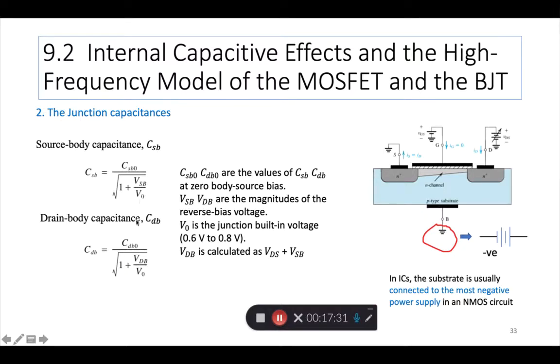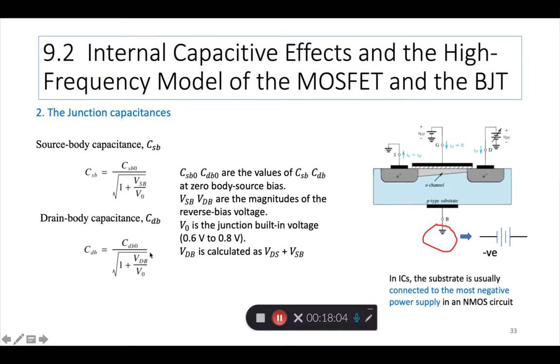So that V0 is in the denominator, but also VSB and VDB. VSB is source to body reverse polarity, and VDB is drain to body reverse polarity. So these voltages generally are given in problems, and then you can calculate CSB and CDB. Now VDB is generally calculated in two steps, VDS plus VSB.